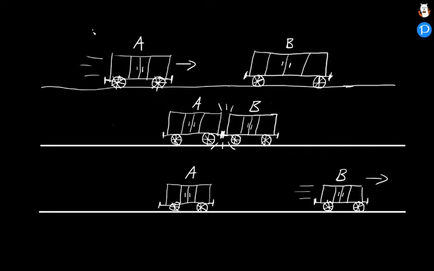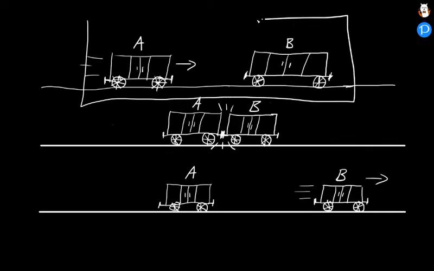And what that means is if we define the system as both car A and car B, we would say that the momentum within that system stays the same. Even though there are changes happening within it, the total amount of momentum is the same.